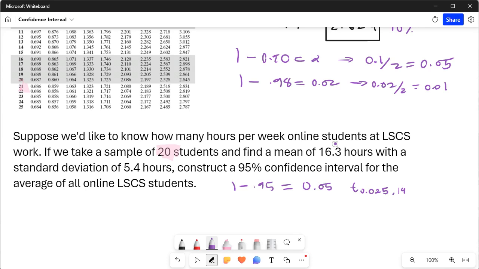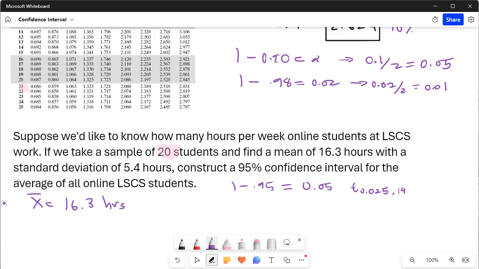And for this one, we can also determine that the sample mean is given, because it says they find a mean of 16.3 hours. So we have 16.3 hours.